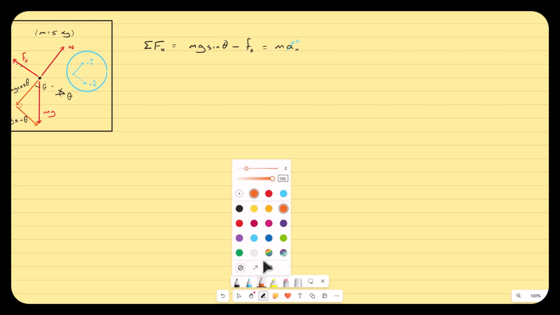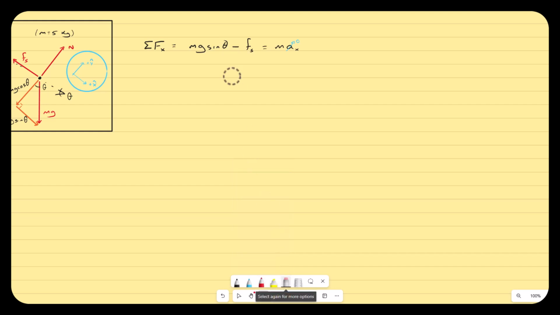I don't know the angle, that is the thing that I'm solving for, so I better put that in red just to try to remember. Fs, I'm looking for my threshold value. Fs max is going to be mu s times the normal force. The normal force I don't know.